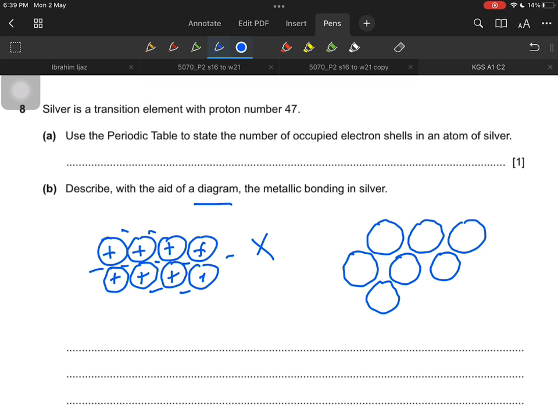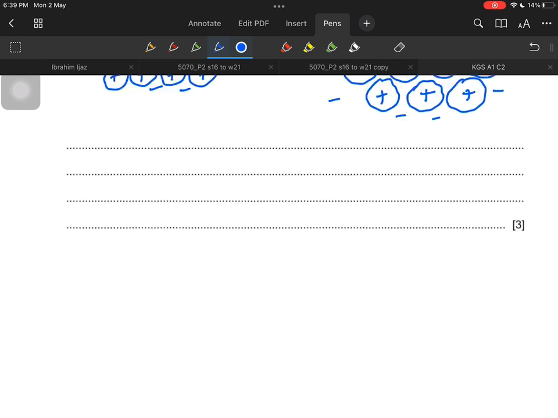So you draw them like these with very minute gaps. And then you draw the positive charges, and the electrons can be in the spaces like these. So you make sure that the metallic lattice is drawn with very minute gaps between the positive charges.